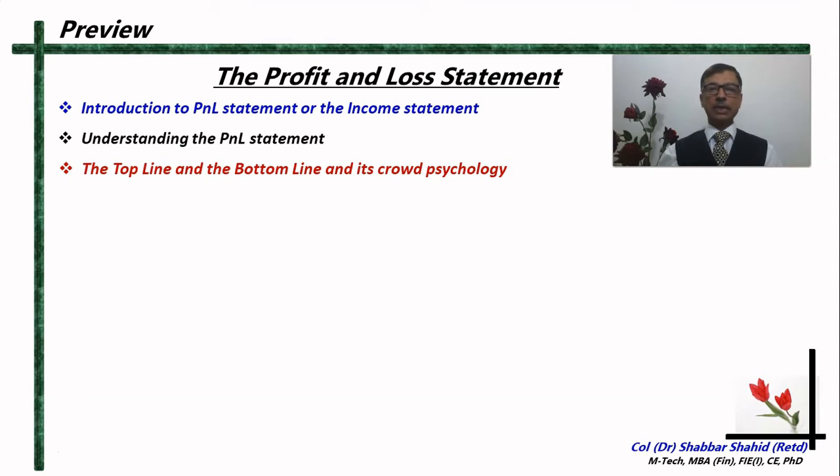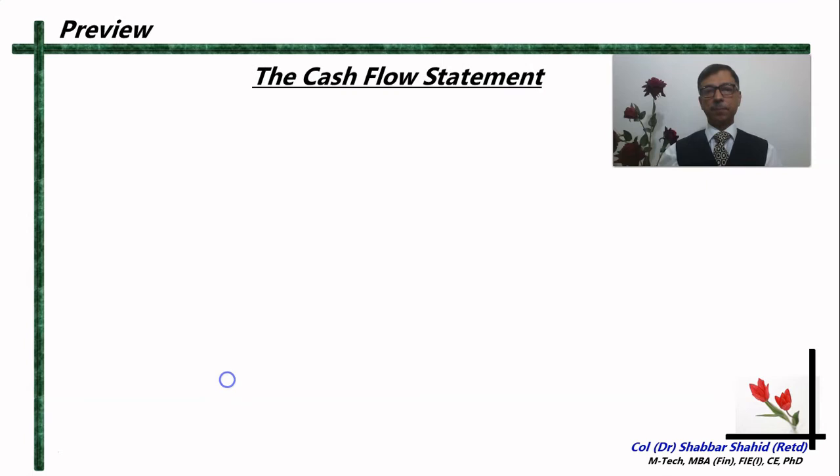We shall talk about that in great detail, and we shall also discuss how crowd psychology is applicable to these two words, or how do people take these two words. Then we shall try and analyze a profit and loss statement in detail, and then some key takeaways from that profit and loss statement. The same company whose balance sheet we have discussed, we shall talk about the profit and loss statement of the same company.